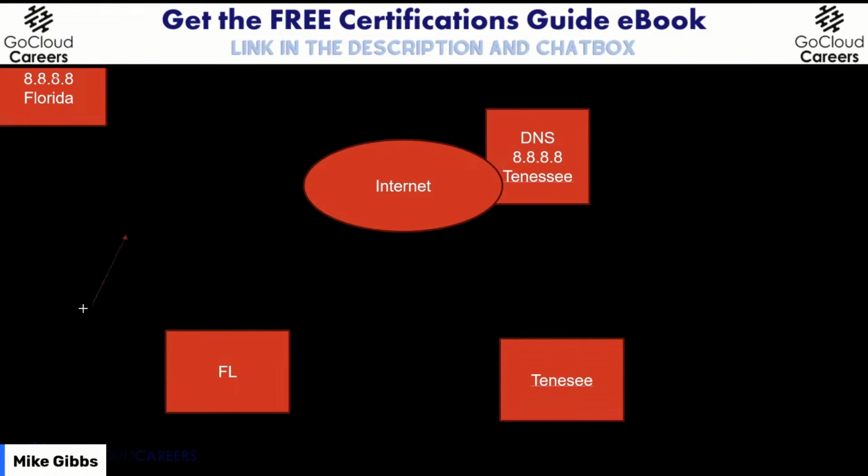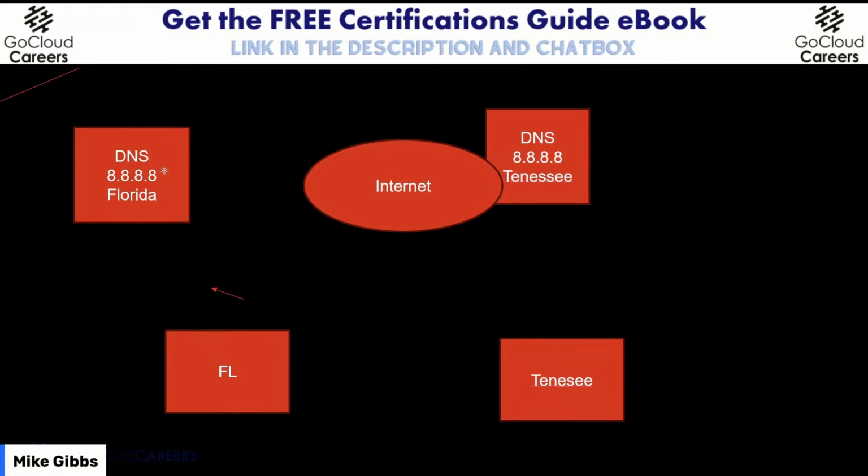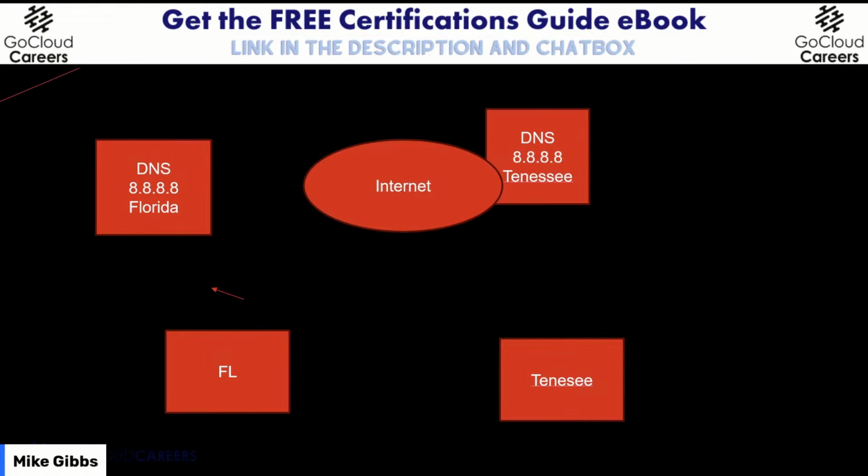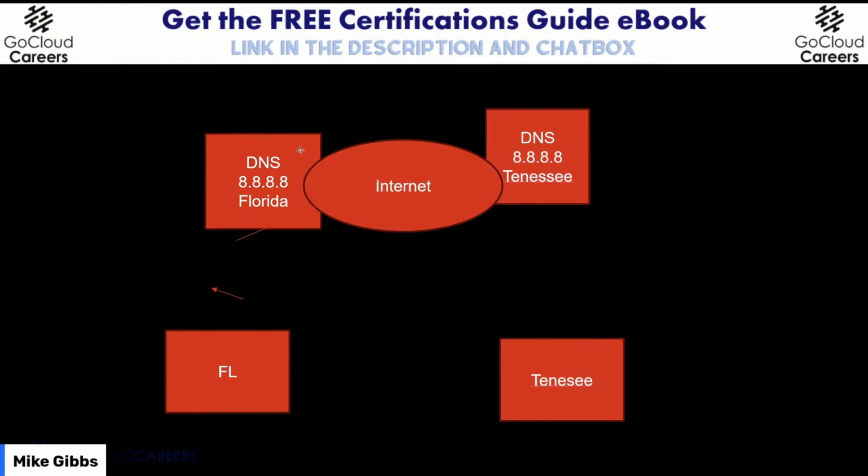And this is what we do in most high availability situations. My PC is configured to go to 8.8.8.8, so it goes to the internet, and it hits the DNS server, which happens to be in Tennessee. Then it gets a response back from that DNS server, and I know how to go. So by using Anycast, even though my DNS server went away, all my PCs are configured for the same DNS address anyway, so my service is up.